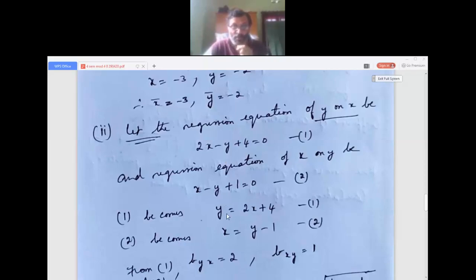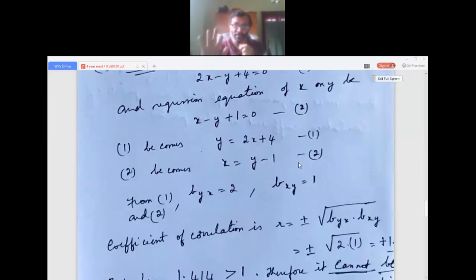Because the first equation is the regression equation of y on x, we write it as y equals 2x plus 4. Because the second equation is the regression equation of x on y, we write it as x equals y minus 1.